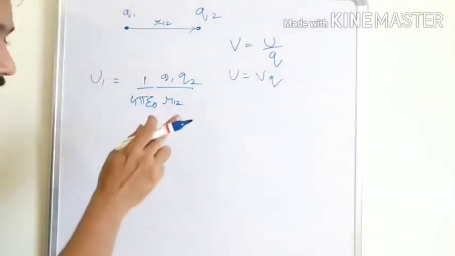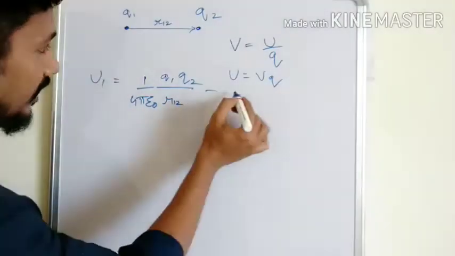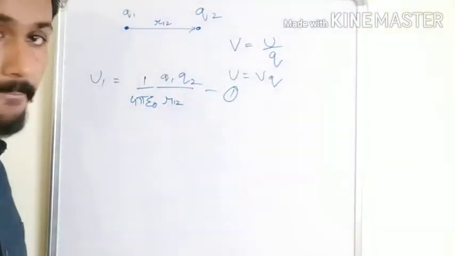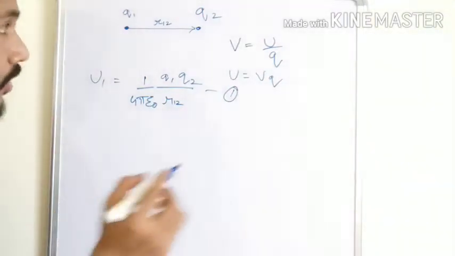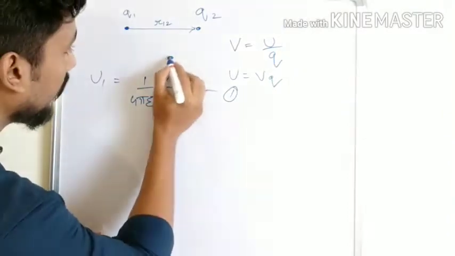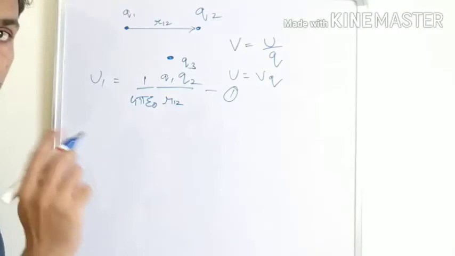If not, rewind and see these steps once again. So this is our U1. I will call this equation number 1. Then we take another charge Q3 and bring it over here. Again we have to define the distances.